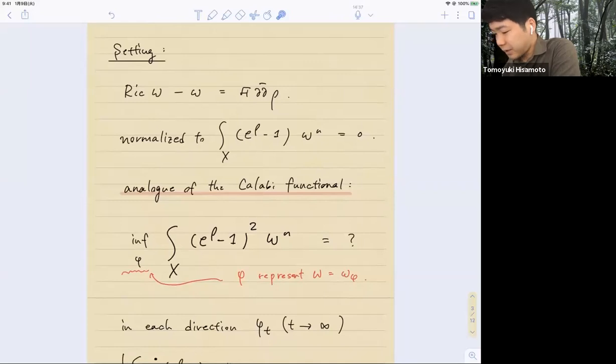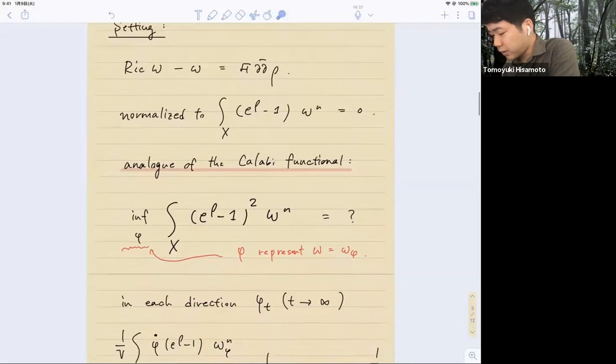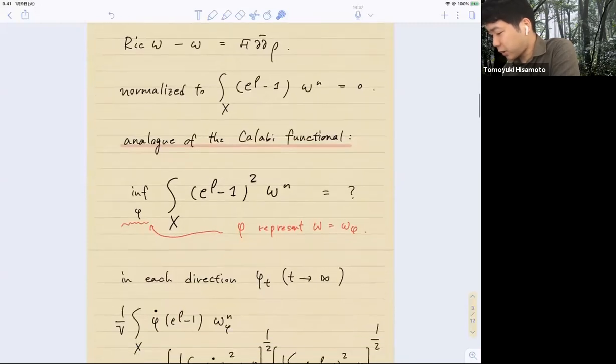And to study the lower bound of this functional, the first point is that it's actually convenient to consider the restriction to each direction on the space of scalar potentials. The direction means that we consider a specific ray in the space of Kähler metrics, which I denote phi_t.